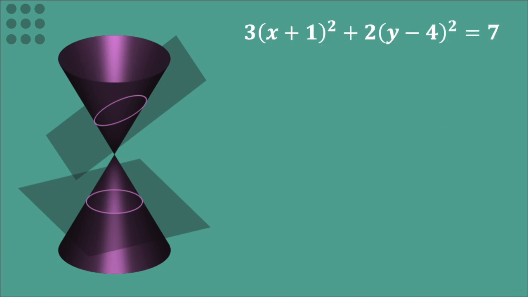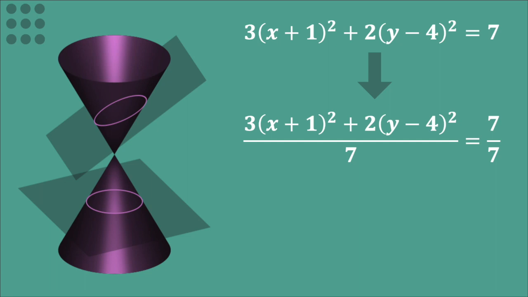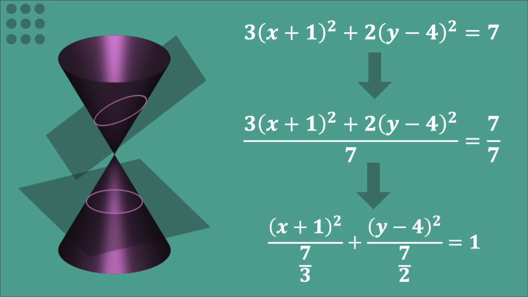For example, in this case, it is equal to 7, so we need to divide the whole equation by 7. Doing so results in the right-hand side being equal to 1. Again, we must also make sure that the coefficients on the left-hand side are 1.